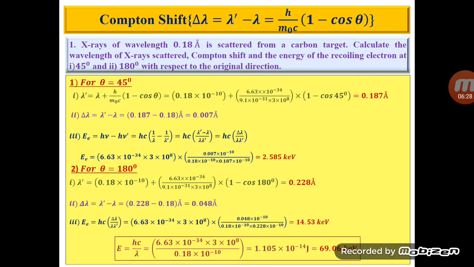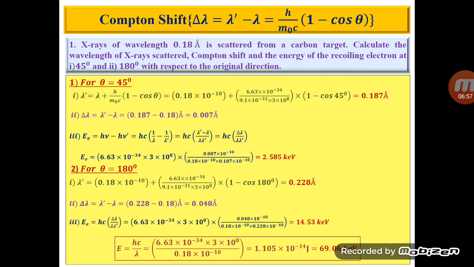Therefore, if you compare the value of lambda prime for theta is equal to 45 degree or for theta is equal to 180 degree with that of the wavelength of an incident photon, it is clear that the wavelength of the scattered photon in both the cases is greater than the wavelength of the incident photon.